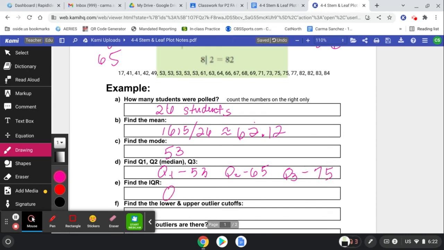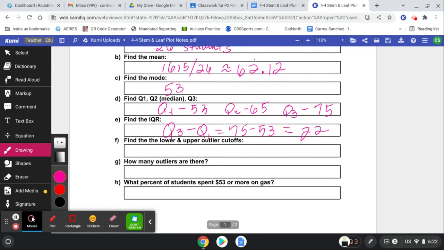IQR is the Q3 minus the Q1. And so is that 22? I'm grabbing my calculator. And upper and lower outlier cutoffs. Q1 minus 1.5 times the IQR.